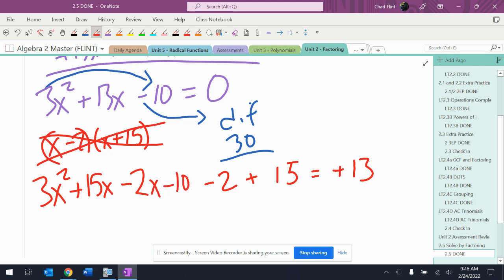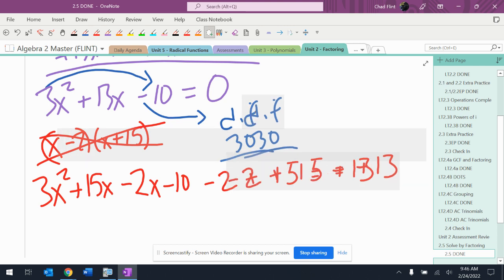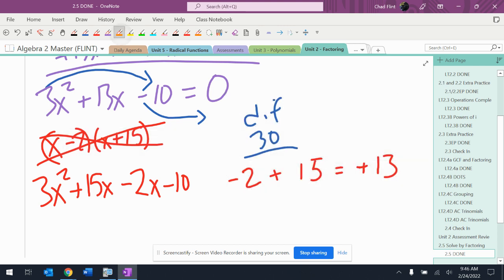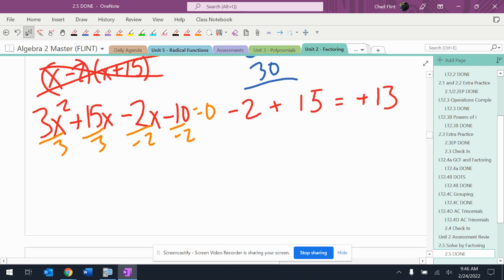All right, I've got to move this a little bit because I'm in the way here. Okay, so that equals 0. So now I've got to take a 3x out of these first two and a negative 2 out of the second two for my grouping part.